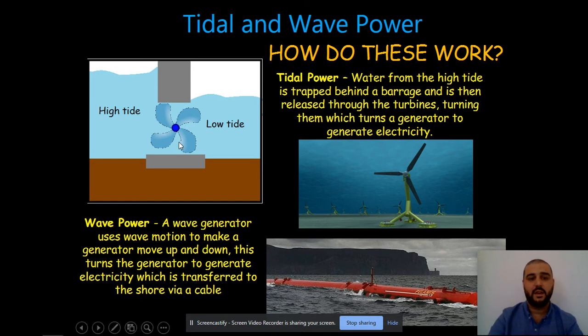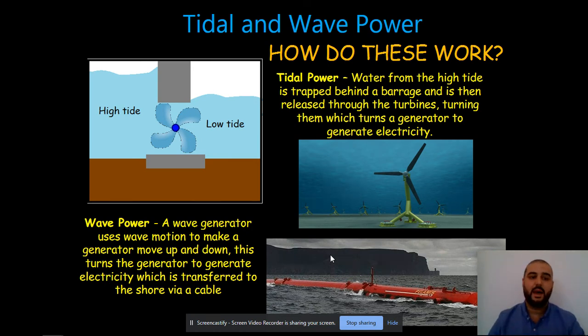So all of these, the wave generators and the tidal power generators, they all have to be physically linked with each other in terms of cables, and the cables then stretch all the way back to mainland, where it's then connected to the national grid.